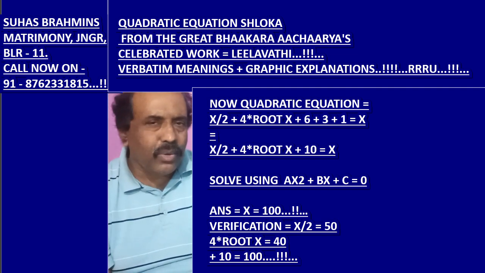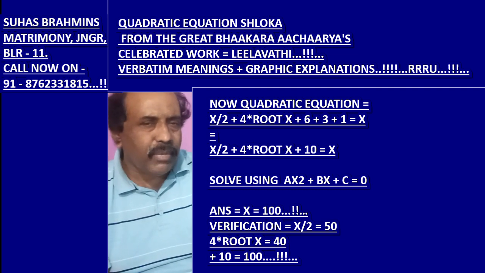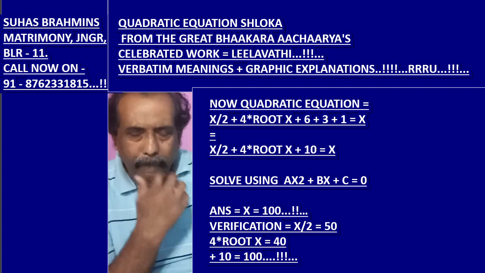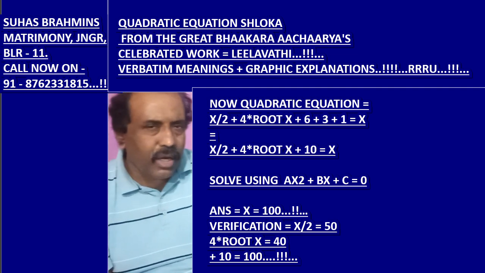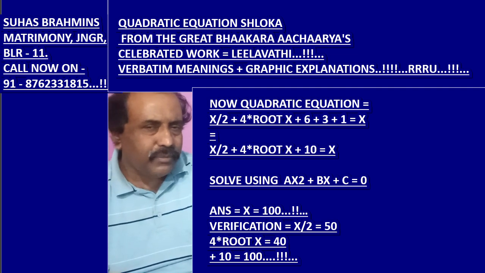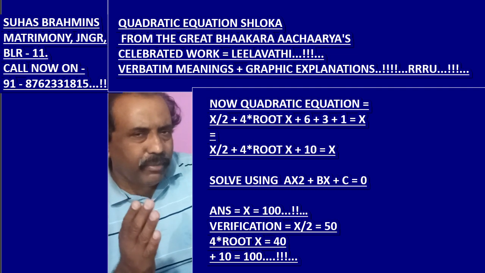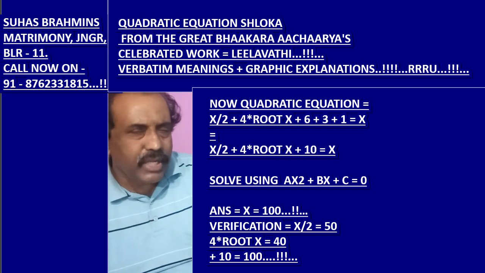So x by 2 being the number of arrows used by Arjuna to ward off the flurry of arrows shot by Karna. So 100 by 2 is 50 arrows he used to ward off the enemy's arrows.